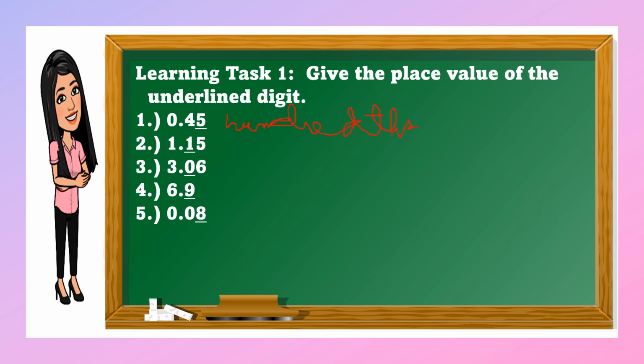How about number 2? So this one is ones. The underlined digit is tens. So you can check your work. Number 3, so 3 is ones, 0 is also tens.